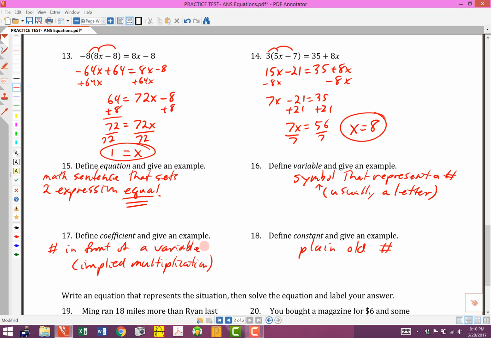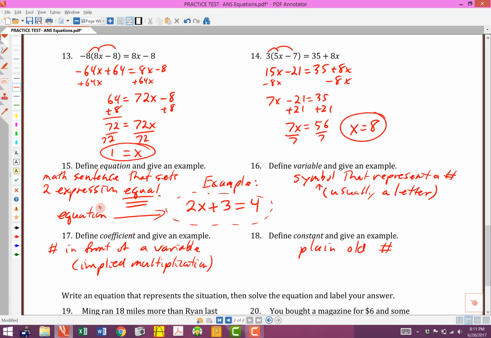Now, if it said give an example of each one of these, here's what we're going to do. Here is our example, and then we're just going to point out what each one of these are. So we're just going to make up an equation. Let's say we've got 2x plus 3 equals 4. The whole thing is an equation.